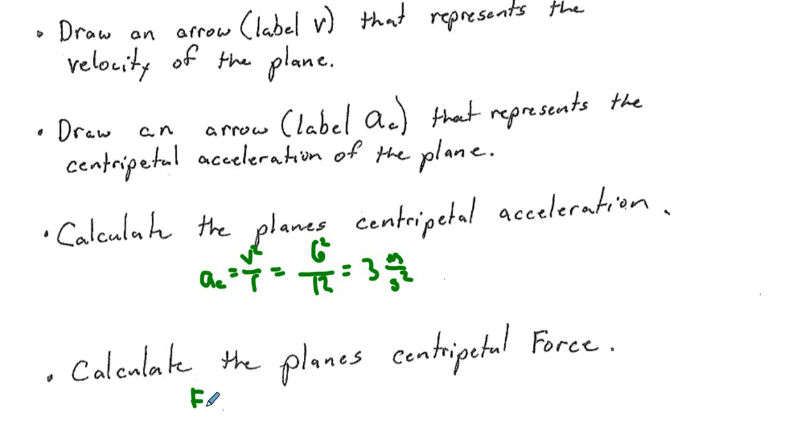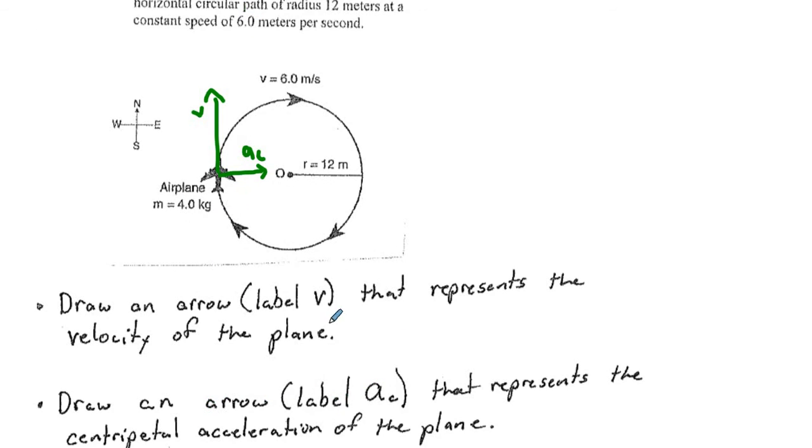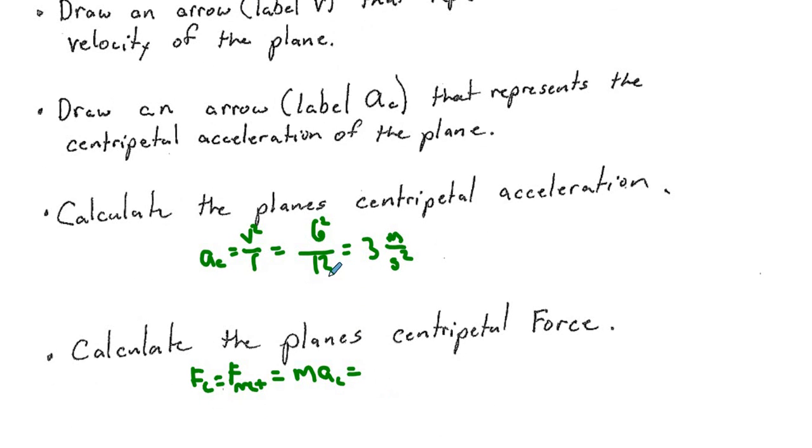And if we want to know the centripetal force, which is really the net force for circular motion, that is equal to my mass times my centripetal acceleration. The mass is given as 4 kilograms. So we have a mass of 4 kilograms times my 3 meters per second squared, and that is 12 newtons.